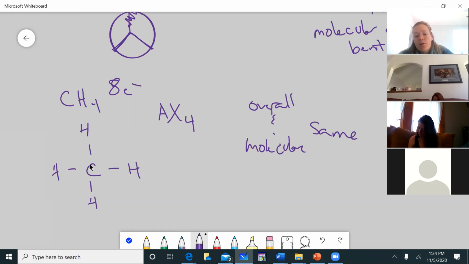Now, what is that geometry? If it really looked like this in real space, we would call it like square planar, but it isn't actually flat. Because here, drawn like this, the distance between these adjacent electron groups would be 90 degrees, right? But that's not as far as they can get away, or as far as they can get from each other, because we can actually pull the structure forward and back in space.